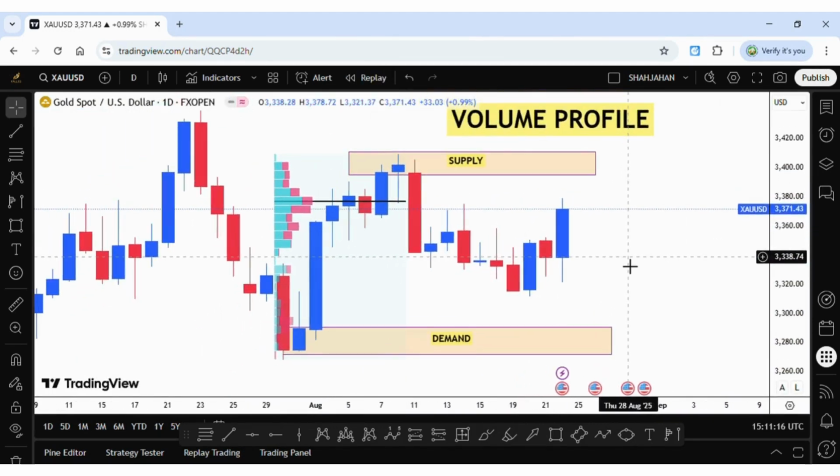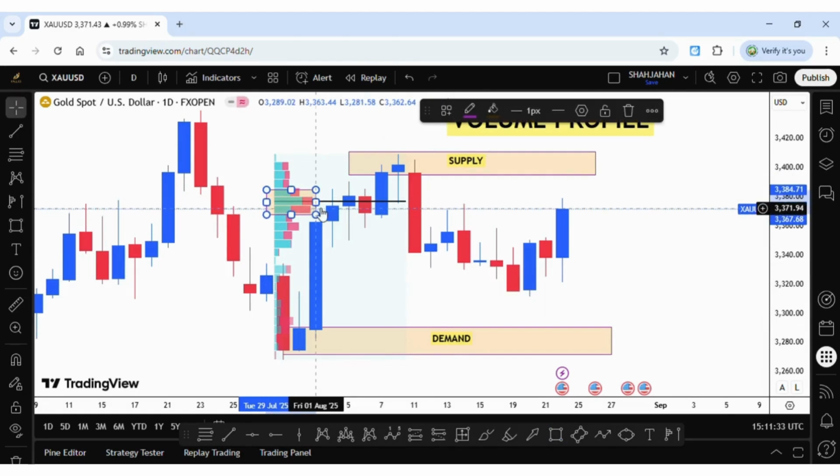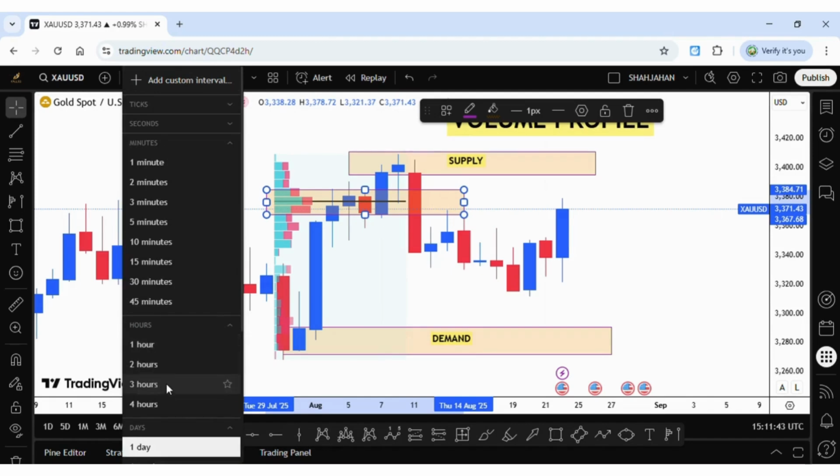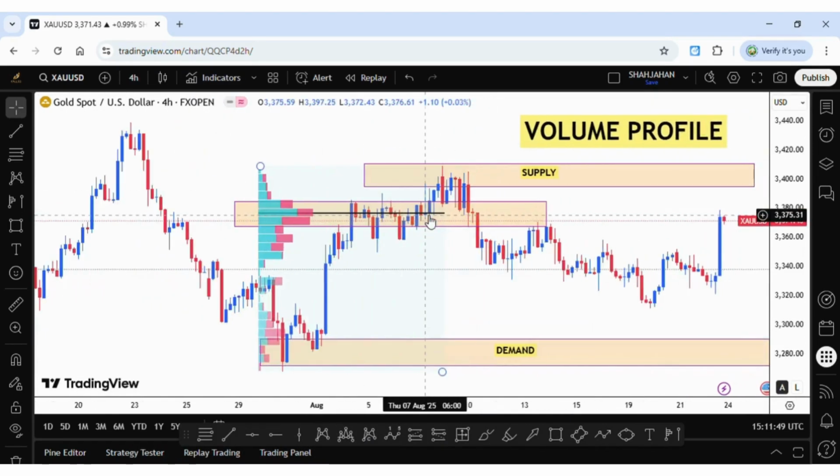So you can see here the FRVP volume profile shows us the main area of reversal. You have to just mark this, and you can see here the market taps on this area and gets rejection from this, and gives us a very good impulsive move from this area.